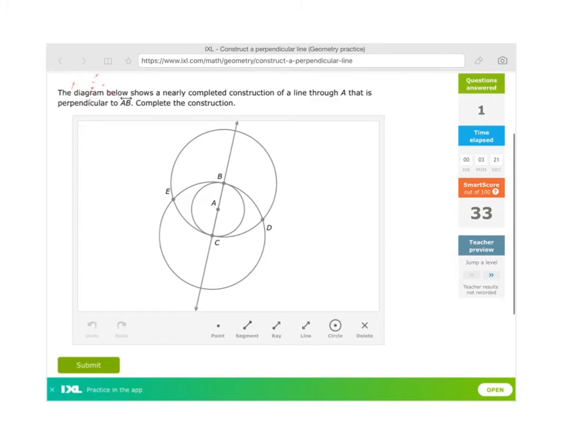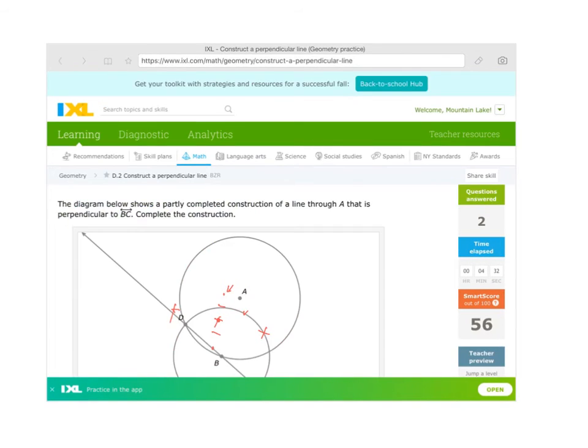So the diagram below shows a nearly completed construction of a line through A that is perpendicular to AB. Complete the construction. So here again, we've got to just draw the line segment from D to E, and that's where we get our point or our line.